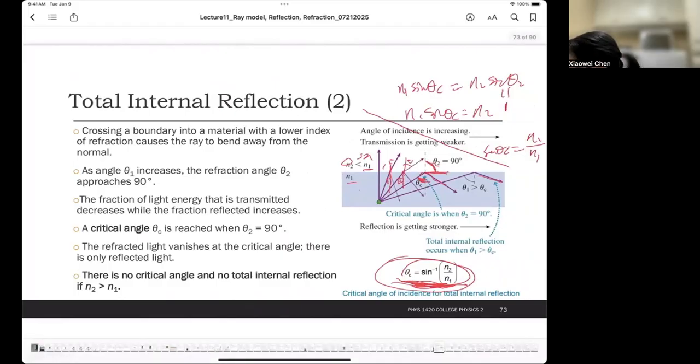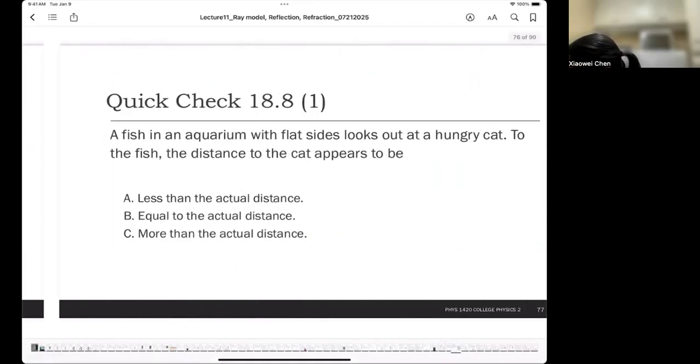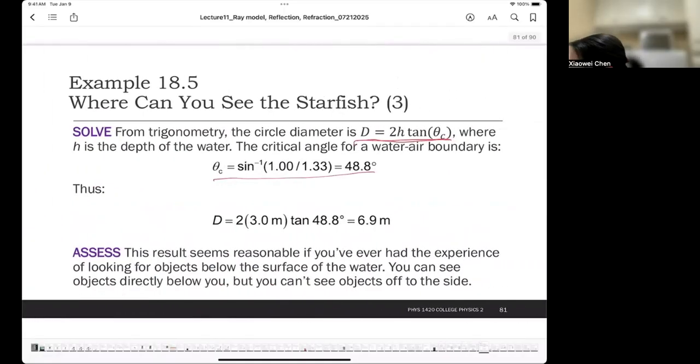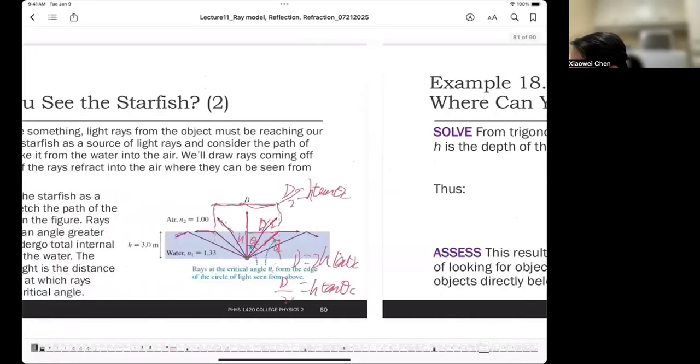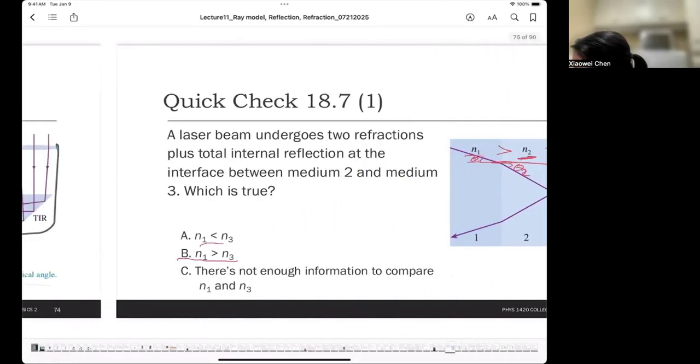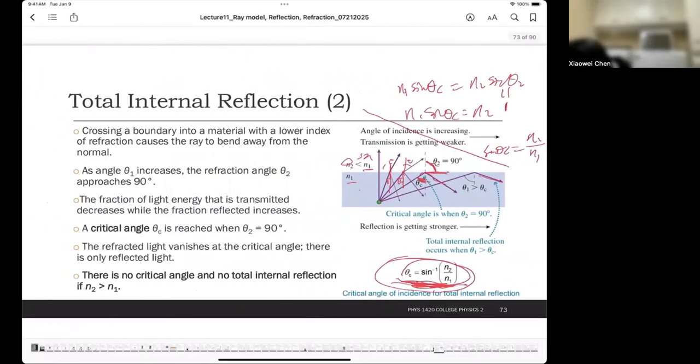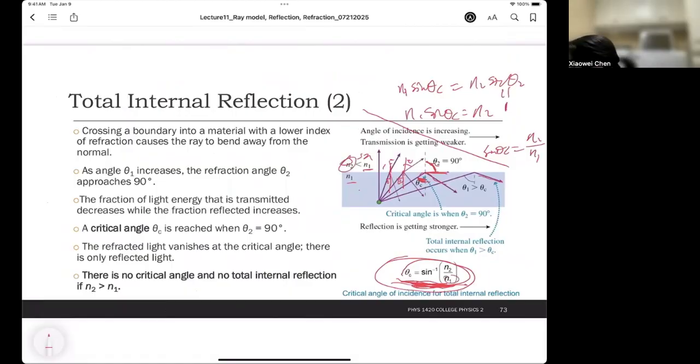So here we know sin theta c equals n2 divided by n1, where n2 equals 1 because it is the smaller one. Let's review it. This is the smaller one, and this is the bigger one. Does it make sense to you? Okay.